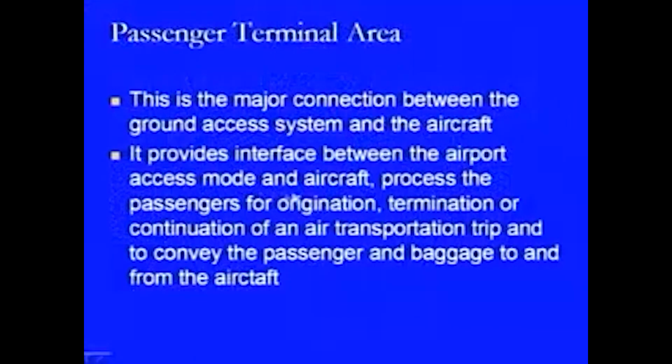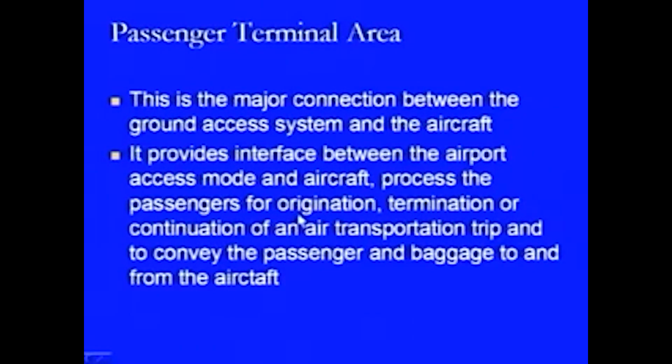So, that is why this is a connectivity being provided between two things. It provides the interface between the airport access mode and aircraft, and processes the passengers for origination, termination or continuation. These are the three things which can happen with respect to any passenger.